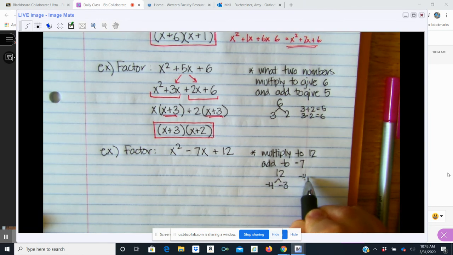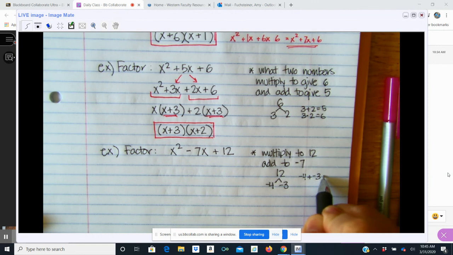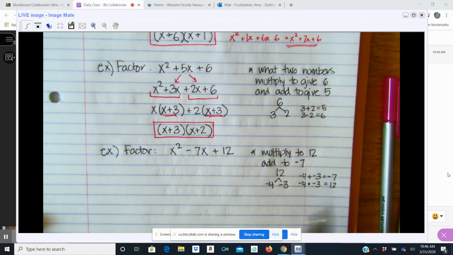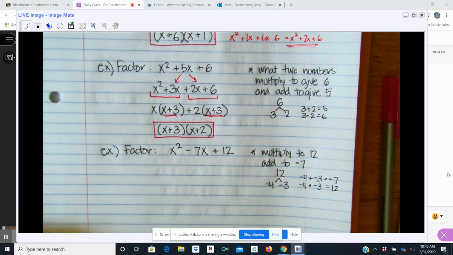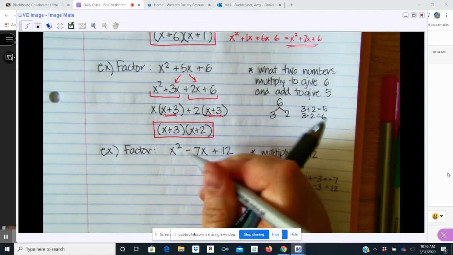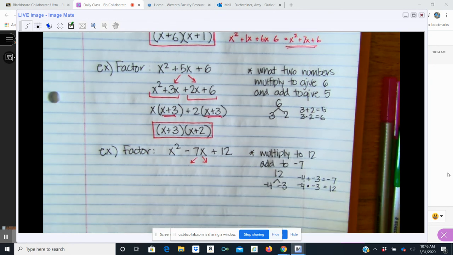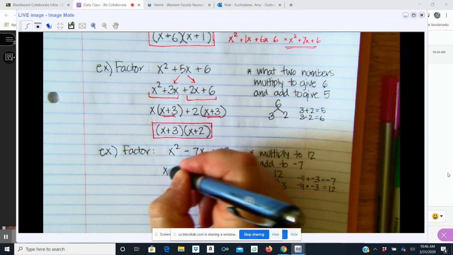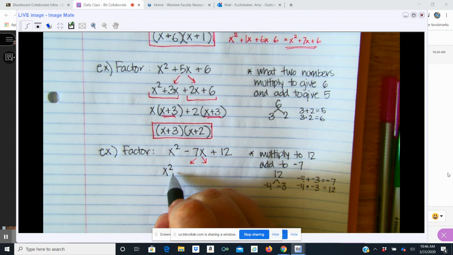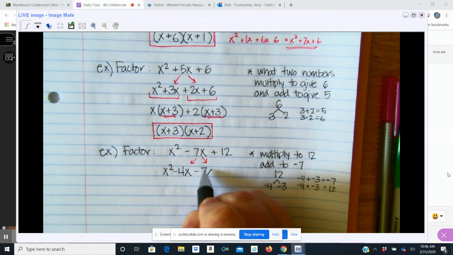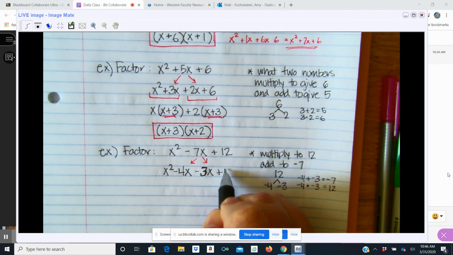If I do minus 4 plus a minus 3, that is indeed a negative 7. And if I do minus 4 times a minus 3, that is indeed positive 12. So I'm going to take this middle term minus 7x and deconstruct it so that we have an x squared minus 4x minus 3x, sorry, I didn't want a 7 there, plus 12.